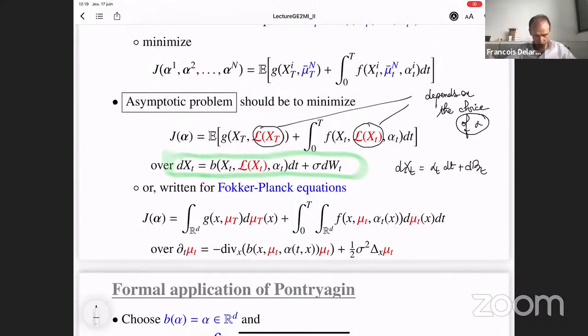So this is a measure. And for those of you who know optimal transportation, optimal transportation is an example of a mean-field control problem. It is a singular example. The first thing is that in optimal transportation there is no noise.